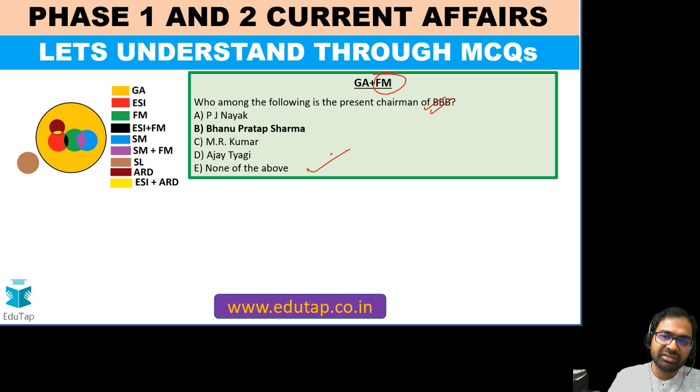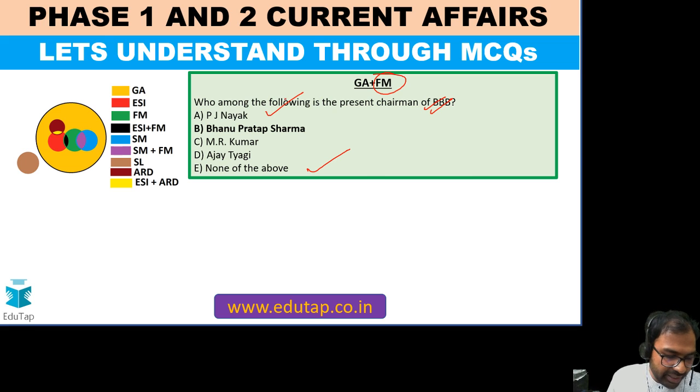Excellent. Banking system in India. Very good. This is the topic based on which this question has been framed, that who among the following is the present chairman of Banks Board Bureau? Yes, you can link it with financial institutions also, but better is to link it with regulator of banks.